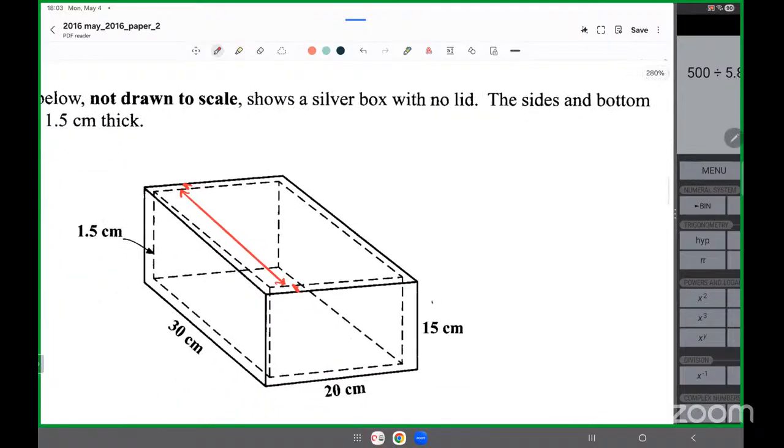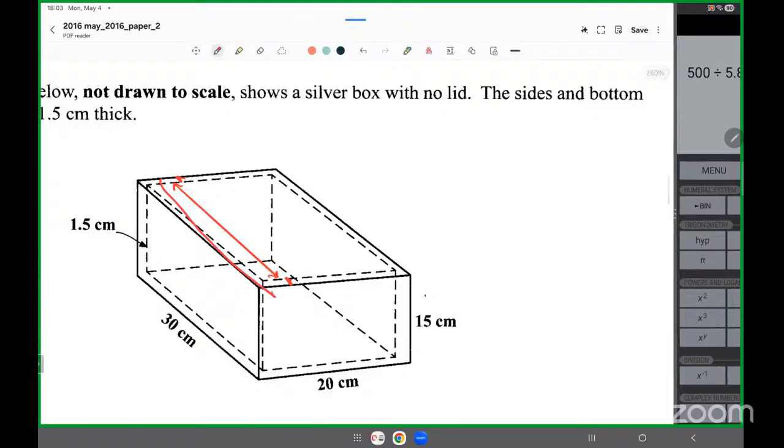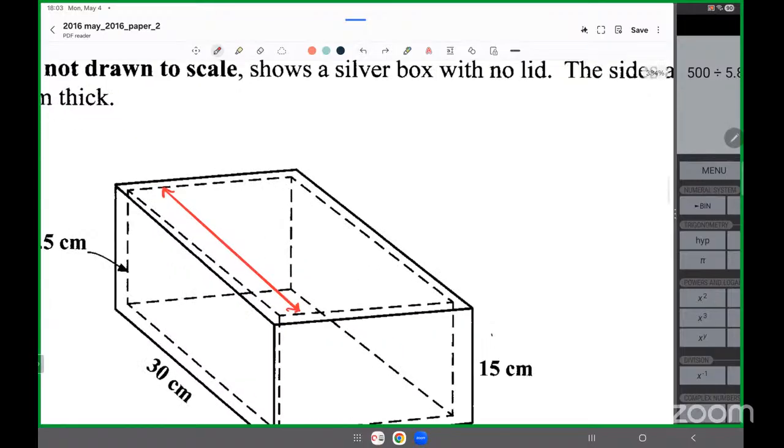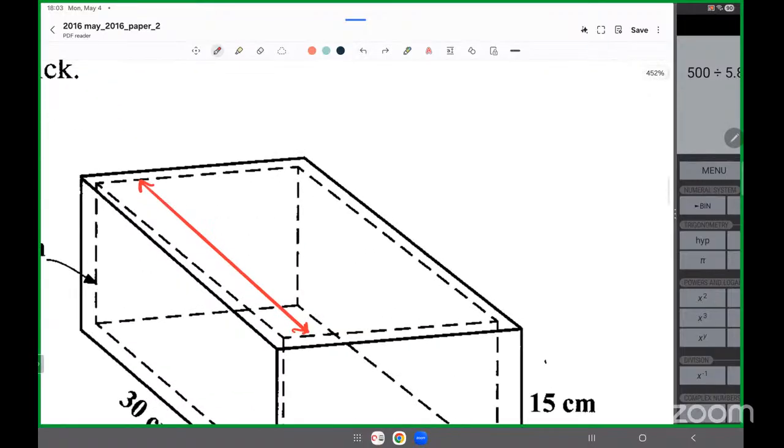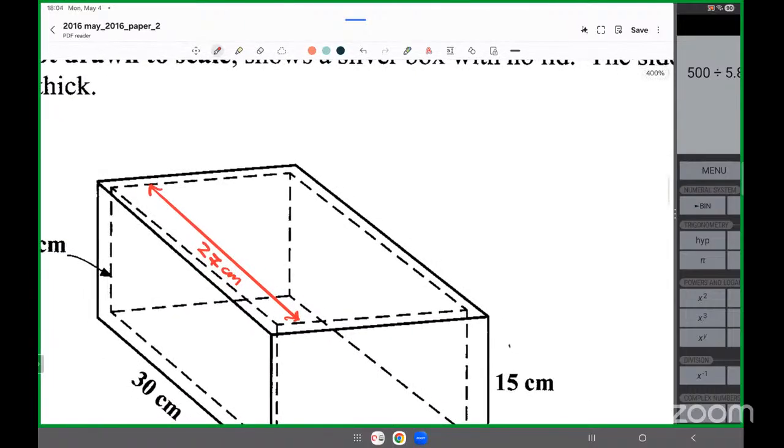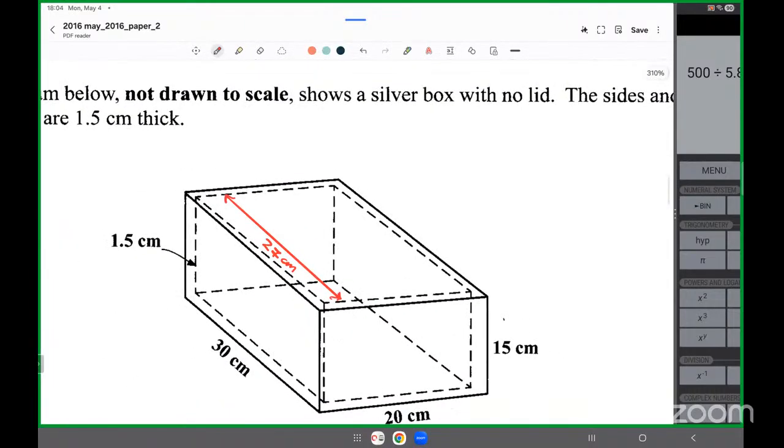And externally it was 30. So you have to subtract the 1.5 two times. So that's why that is the length of the box. How much do you work out to? 27 centimeters. The length. Remember that the thickness is 1.5 cm.